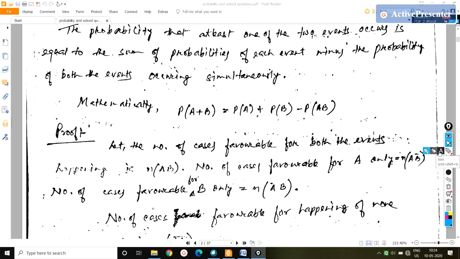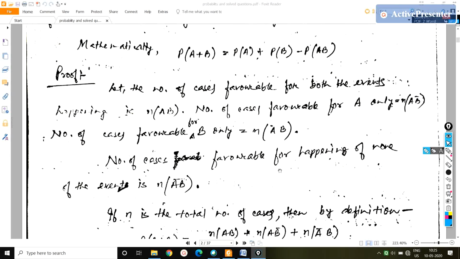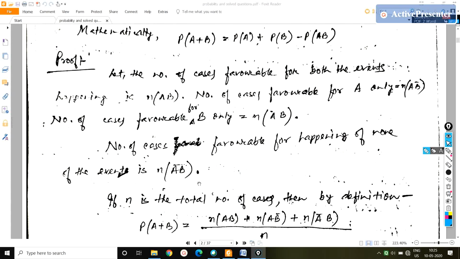So next, number of cases favorable for happening of none of the events. Yes, there is a possibility that none of the events occurs. So in that case, it will be n of A bar B bar.